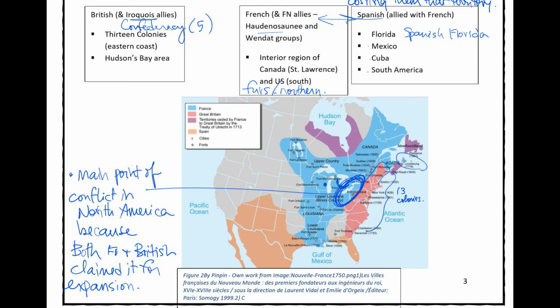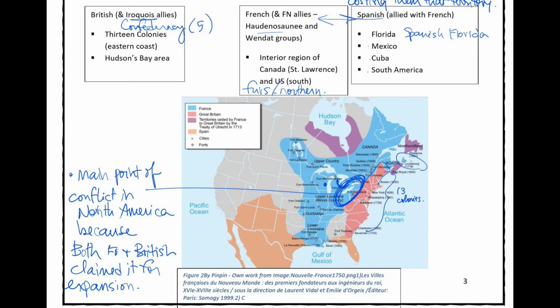Because, anybody? Why? You've got British colonists in this pink area or coral area here. You've got French people all around them, surrounding them and blocking them off towards the west of that eastern coast. What was the main point of conflict there?